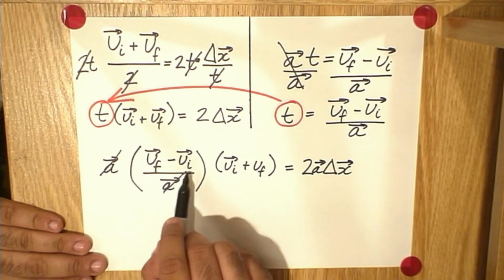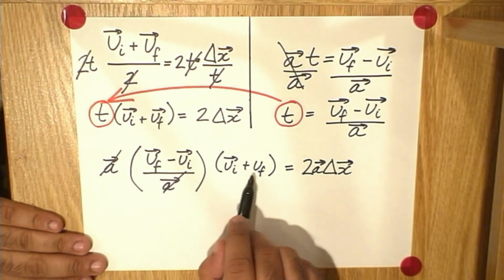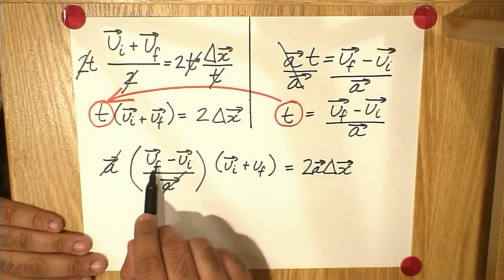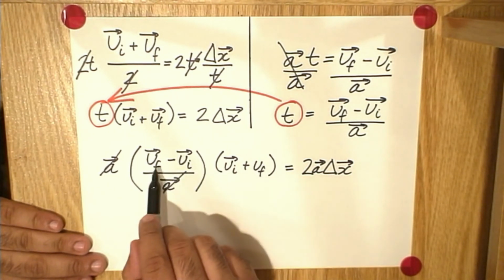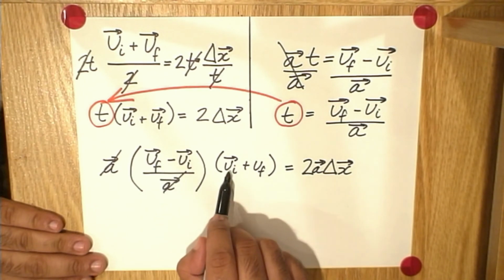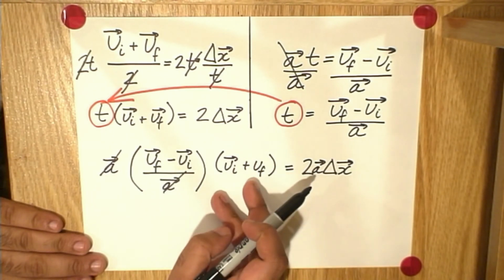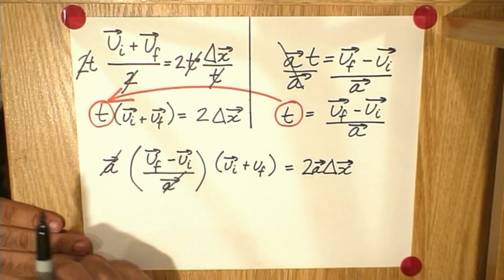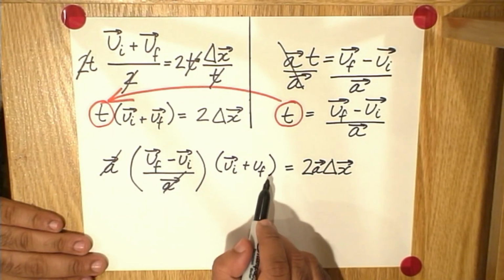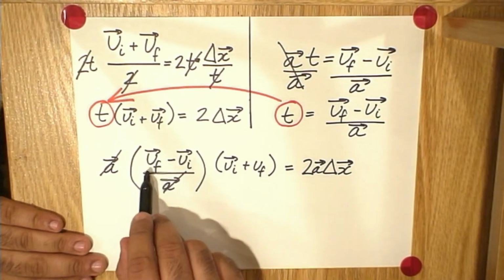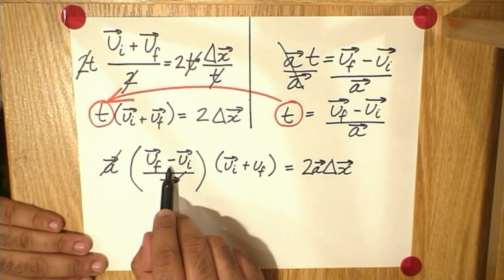Second, we now are left with v initial plus v final multiplied by v final minus v initial. This could also be written as v final plus v initial, flipping around the order, multiplied by v final minus v initial. You might notice that this is a pattern that you've seen in your pre-calculus class, the product of a sum and a difference.